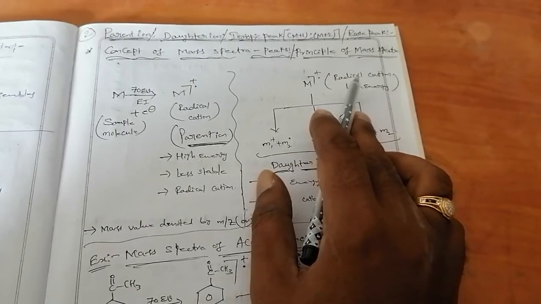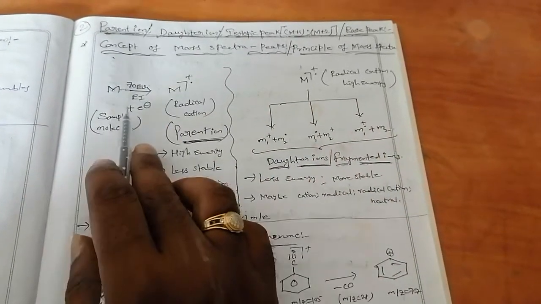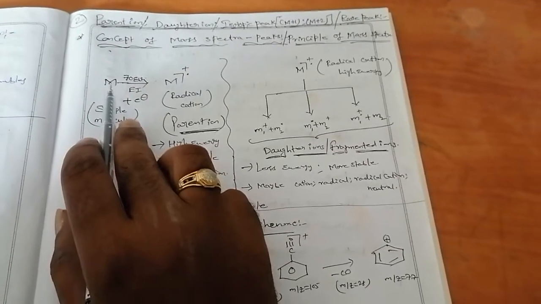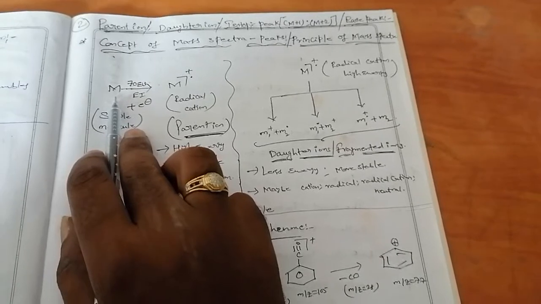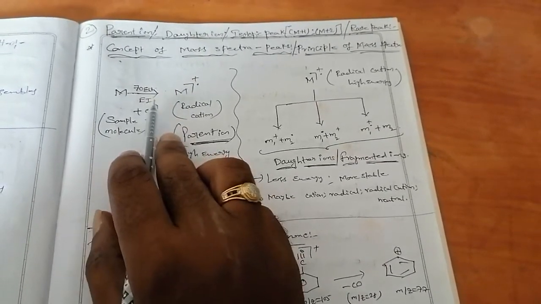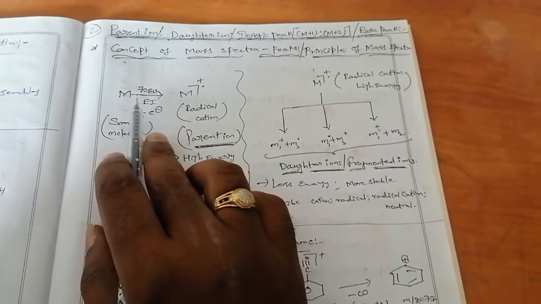In mass spectra, we get spectral lines with the help of a common principle. Listen carefully here. When a molecule is irradiated with a 70 electron volt electron impact beam, this is important for entrance exams also.